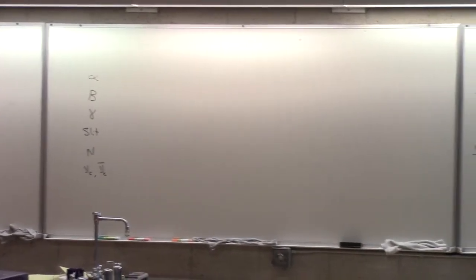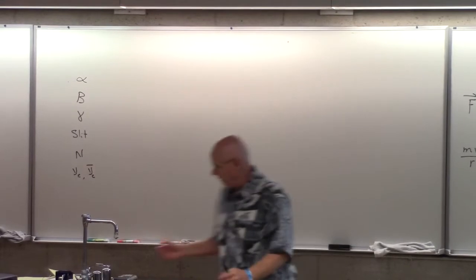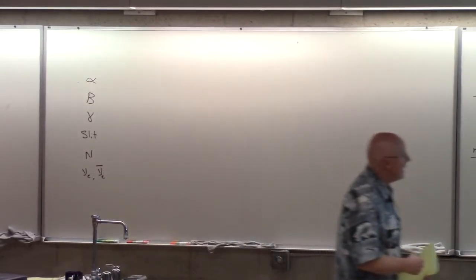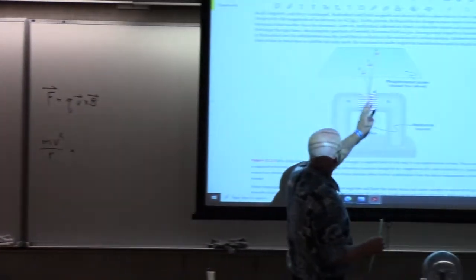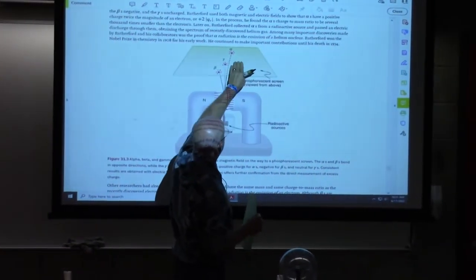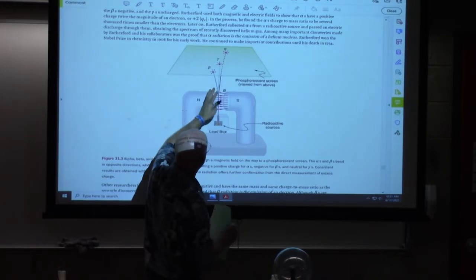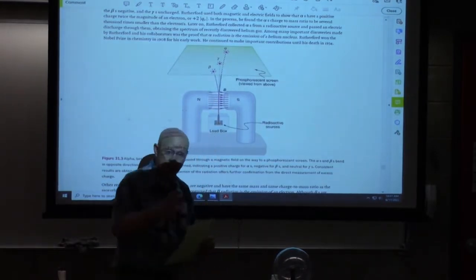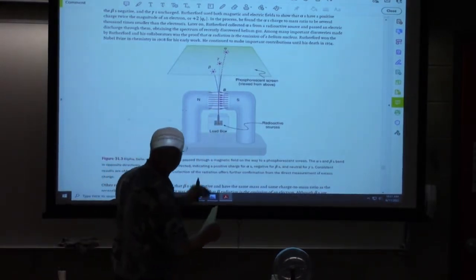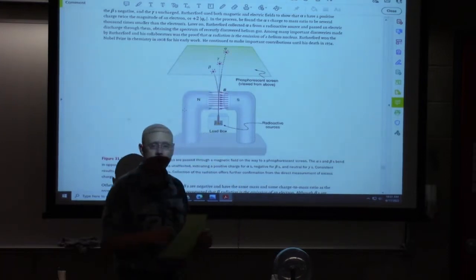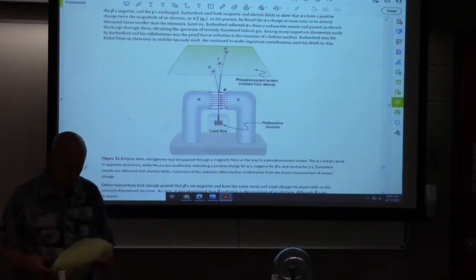And so what they end up getting here is that they discover that the alpha turns one way, so it's positively charged. The beta turns another way, so it's negatively charged. And the gamma goes straight, so it must have no charge.